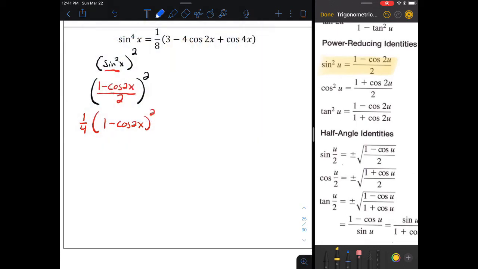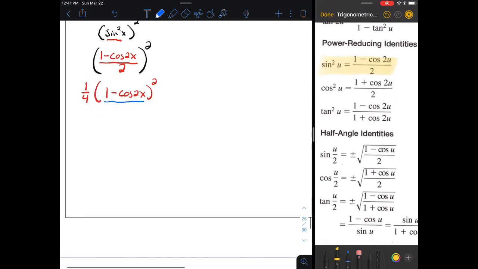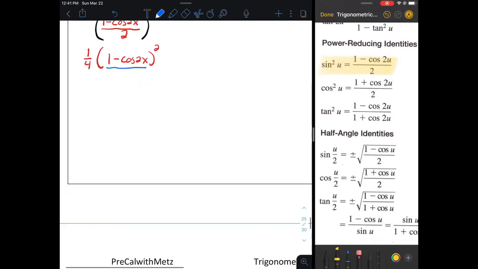So not necessarily going to do another identity yet. I'm just going to multiply this thing all the way out. And when I do that, we're going to have 1/4 times 1 minus 2 cosine of 2x plus cosine squared of 2x.